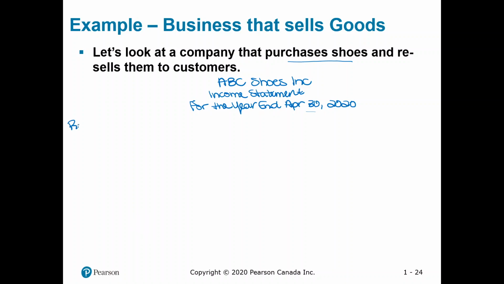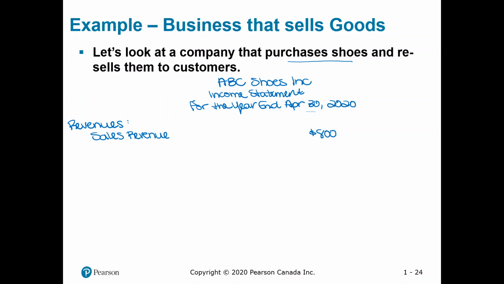Okay, so we always, again, still start with revenues. So even if we're a business that sells goods, we'll still start with revenues. In this case, we've got sales revenue. So from selling shoes, we are making sales. We'll have $800. So maybe this is in millions, so 800 million, but just for ease, we'll say 800.